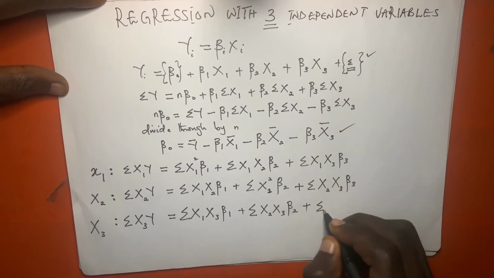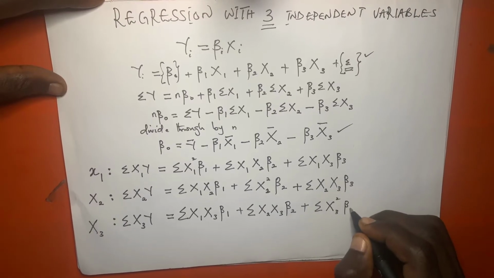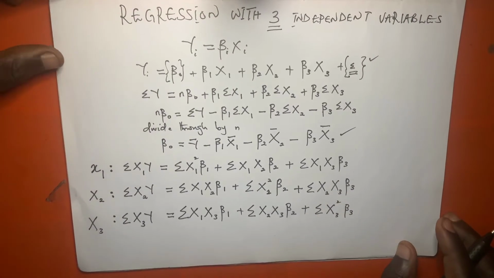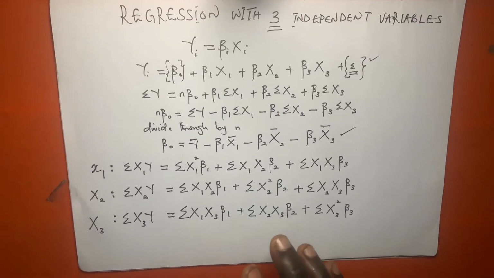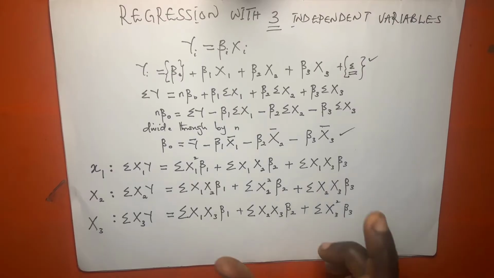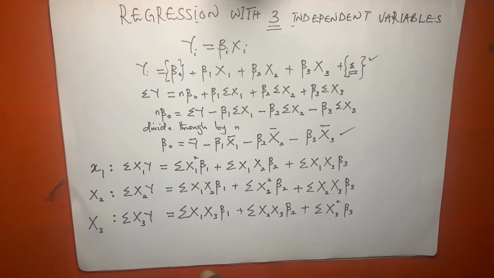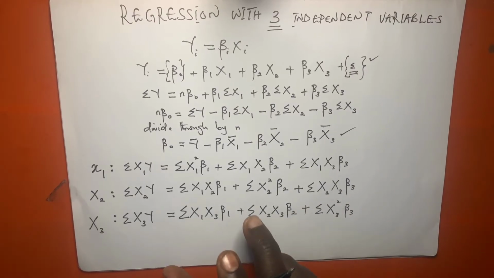This will give us summation x3 square beta 3. So now if you look at this, we can present this in matrix form to get our beta 1, also to get our beta 2, and also to get our beta 3.